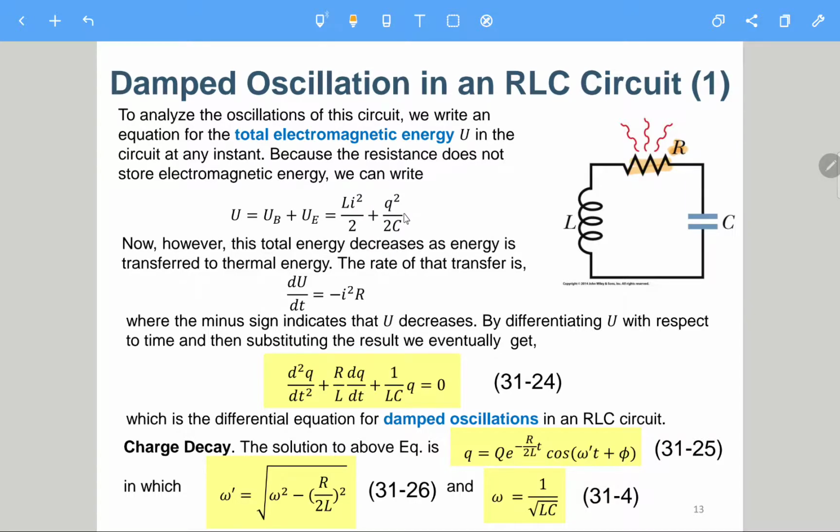I won't repeat it because we have already discussed this part in the last lecture. Now, however, this total energy decreases as energy is transferred to thermal energy. So the rate of that transfer is this one.